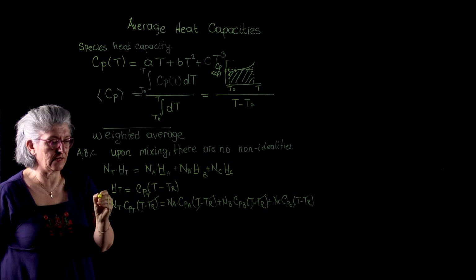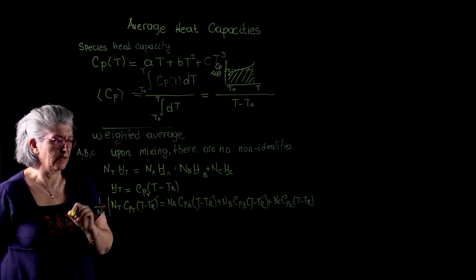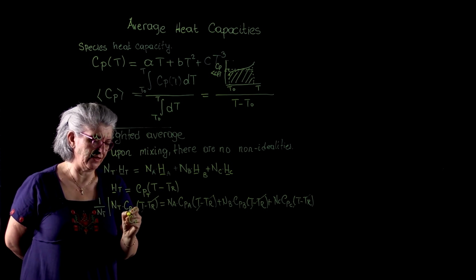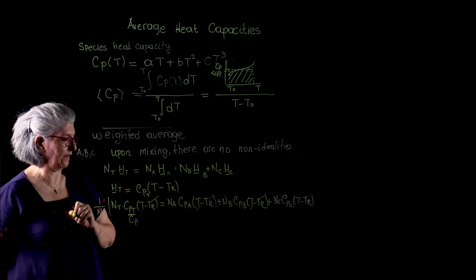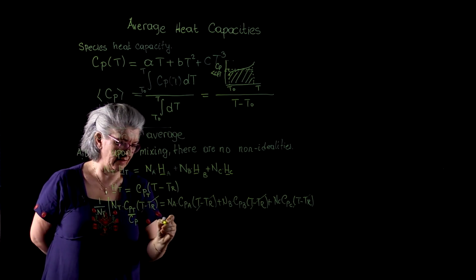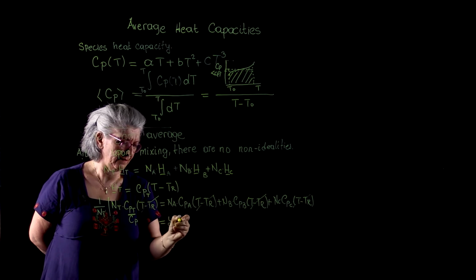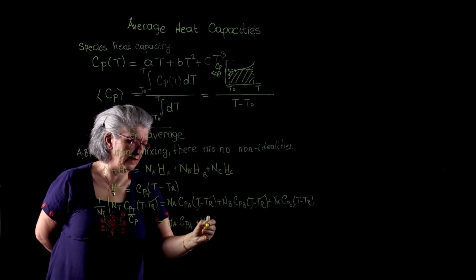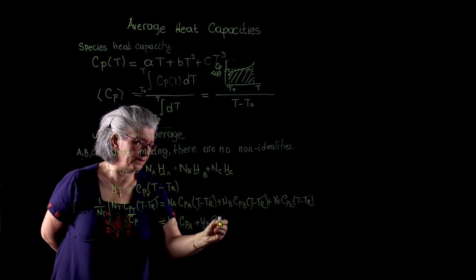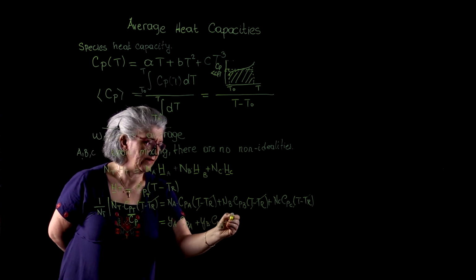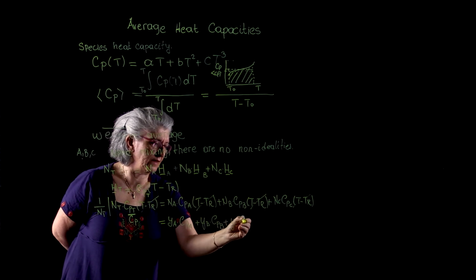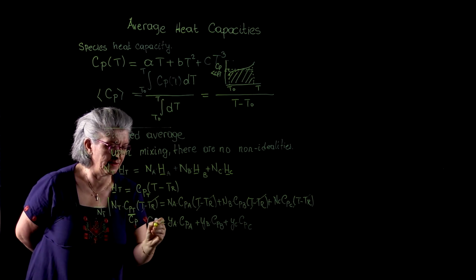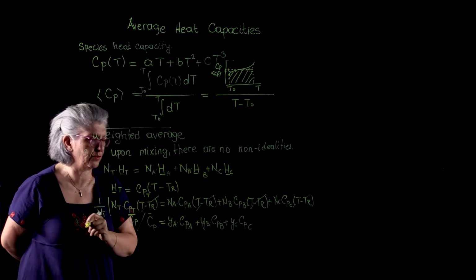And if we divide both sides by the N total, we get the average heat capacity, which I will indicate with an overbar: YA times CPA plus YB times CPB plus YC times CPC. CP average, so let's write it here also.